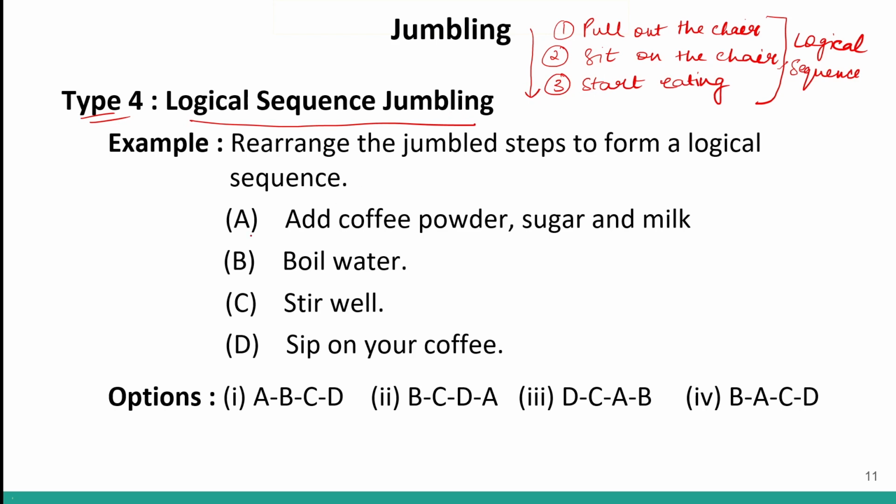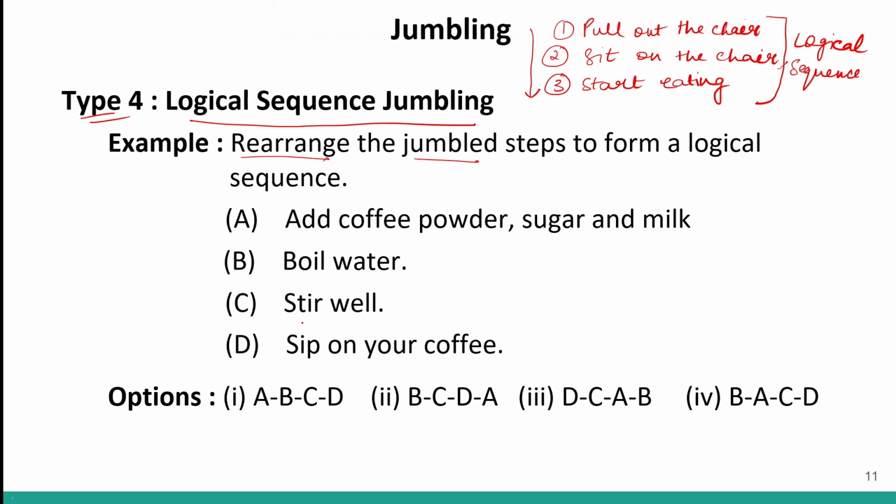Basically what we do is, we are given certain statements and these are jumbled up. These are not in logical sequence. We have to find out the logical sequence and then rearrange them to find the answer. This is what we do. Now, the statements given to us are statement A, add coffee powder, sugar and milk. Statement B, boil water.